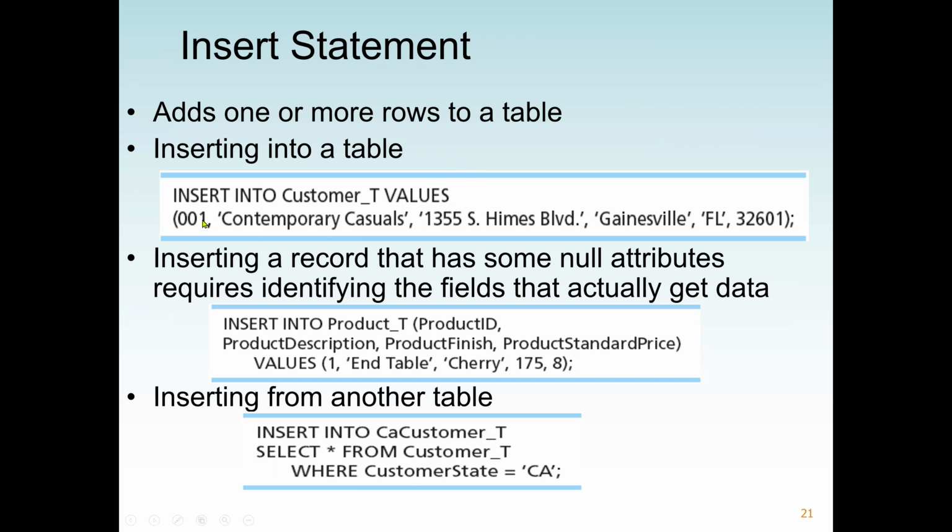Let's assume the customer T table has 20 attributes. We have to specify which one comes first, so the first value is 001, let's say, that is the customer ID. Then after that, we move to the second field, and that is the data we're going to store.